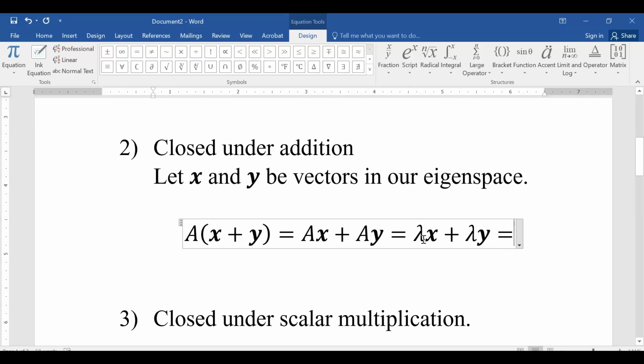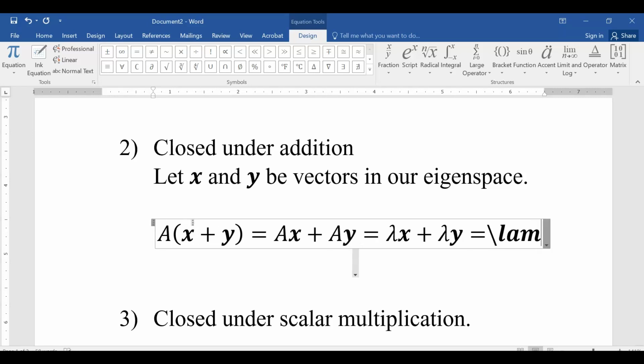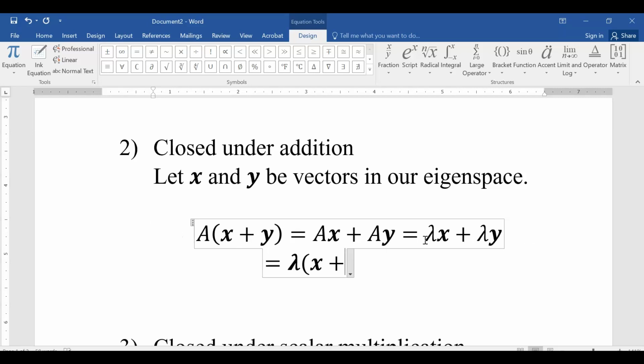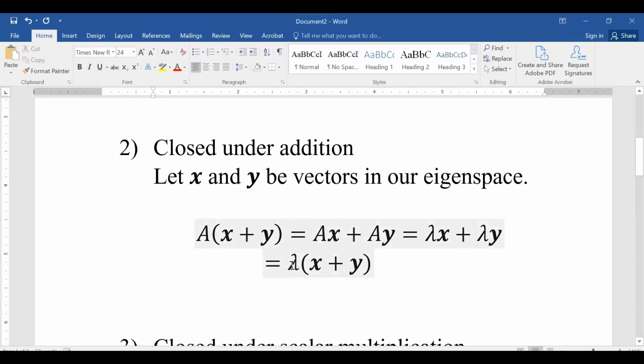So if I factor out a lambda, what we see is that when you take A times the sum of any two vectors, you get the same thing as taking the eigenvalue times the sum of those two vectors.